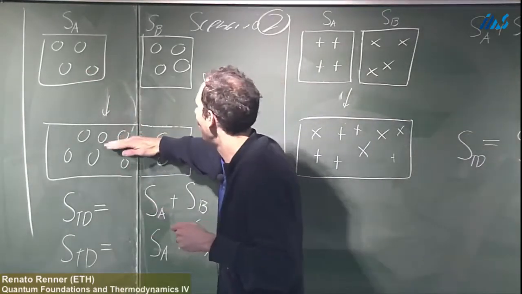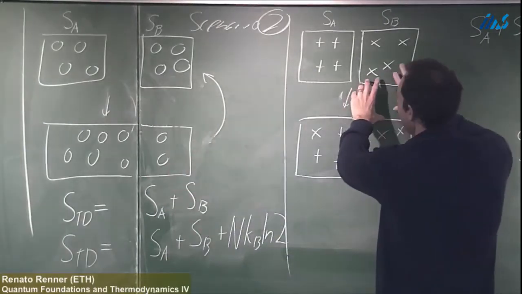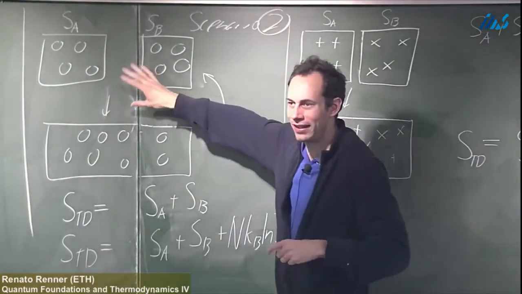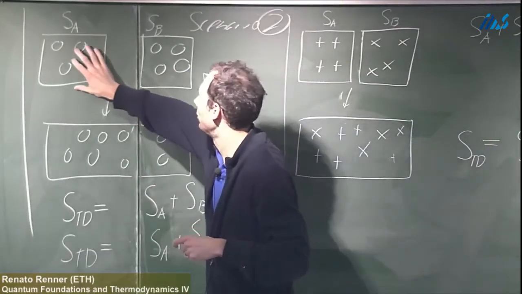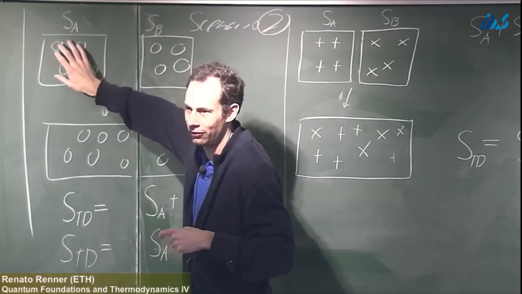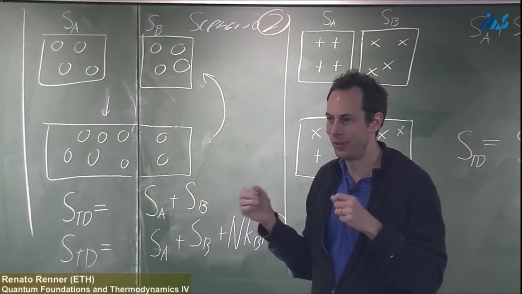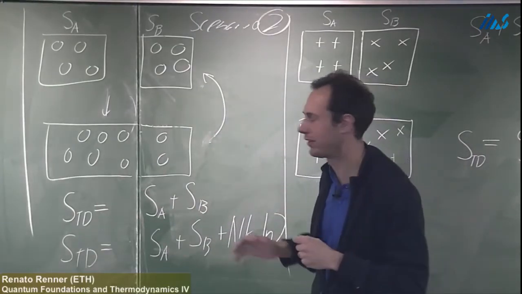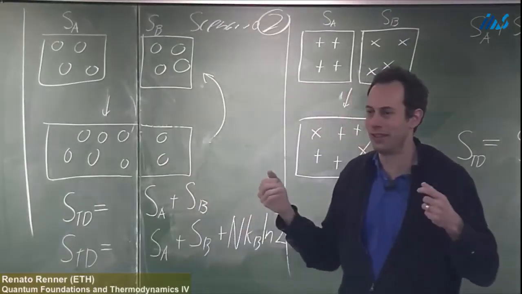So he can really go from here to here and will never notice the difference. Of course, this other guy will notice that one made a mistake, but all his experimental devices will never allow him to distinguish whether the particles here are of one kind or the other. So he shouldn't change his knowledge about the microscopic state. He can really go from here to here, and in his view, this is absolutely correct.